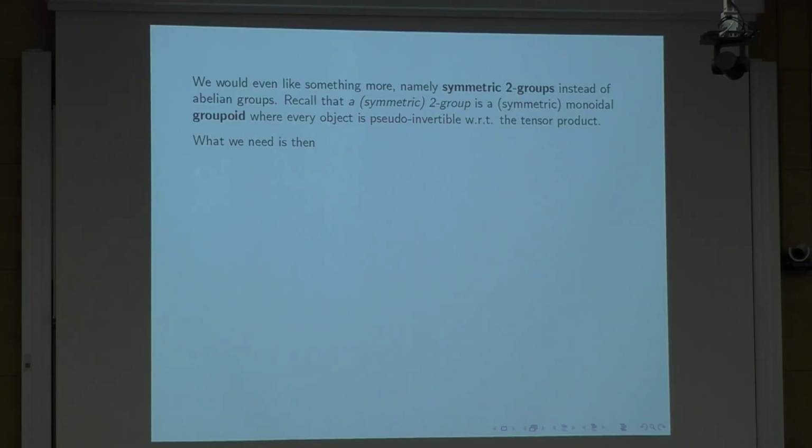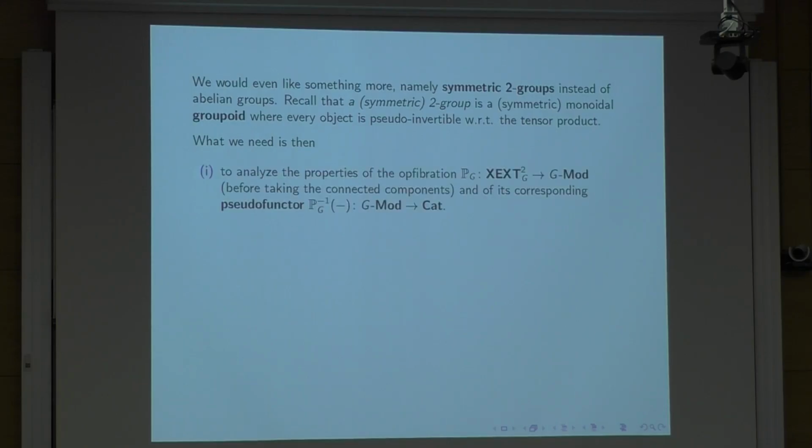And recall that a symmetric 2-group is a symmetric monoidal groupoid where every object is invertible, so invertible up to isomorphism, with regard to the tensor product. And to understand how to perform, and if it is possible to have such a procedure, we need to analyze the properties of this last opfibration, before taking the connected components, so the original one, and of its corresponding pseudo-functor.